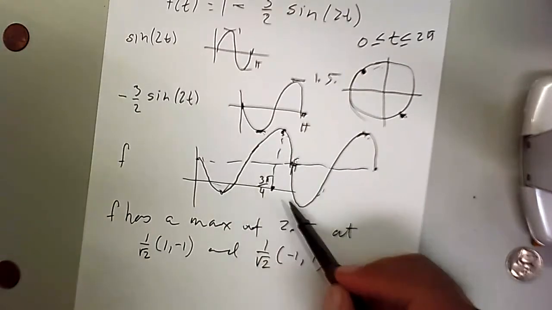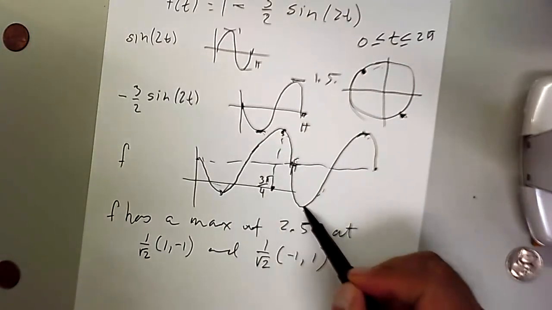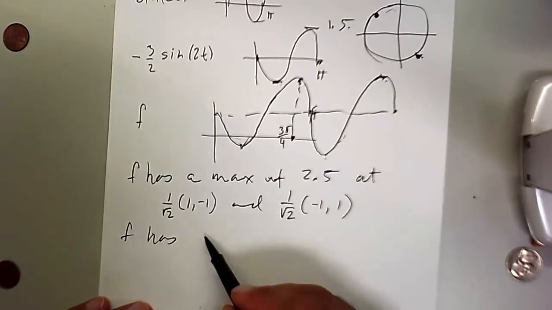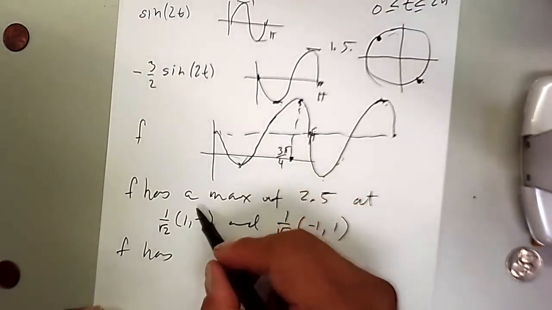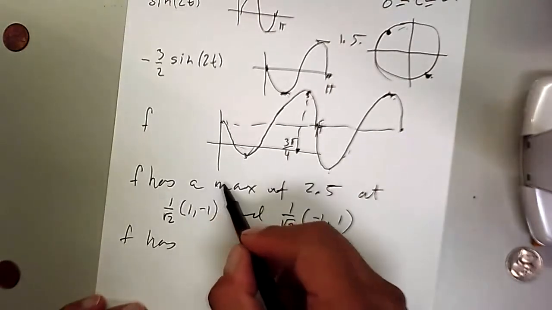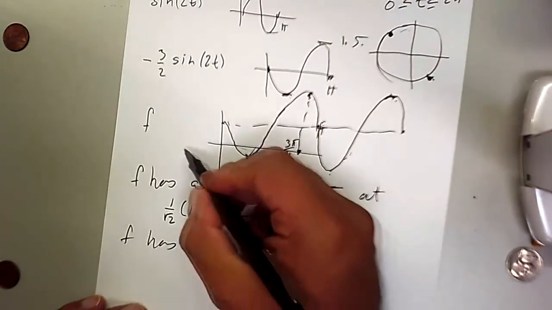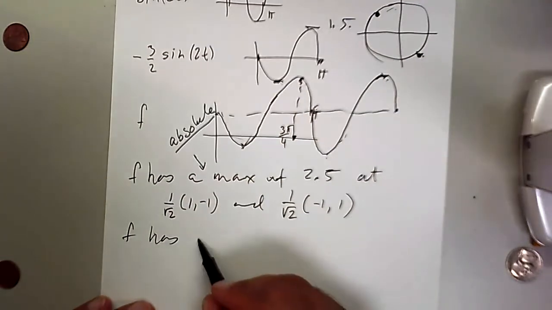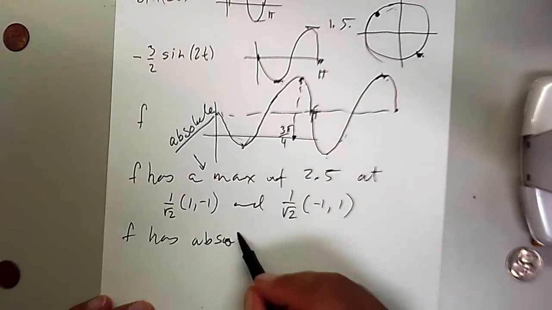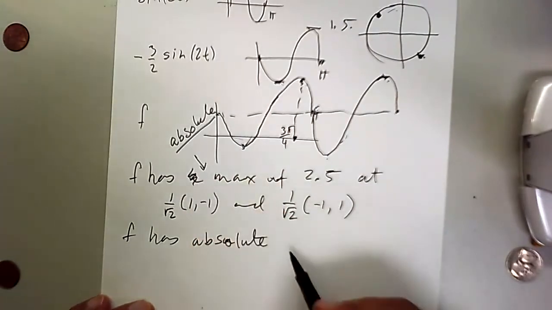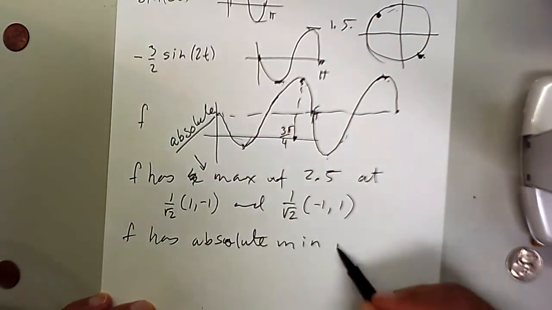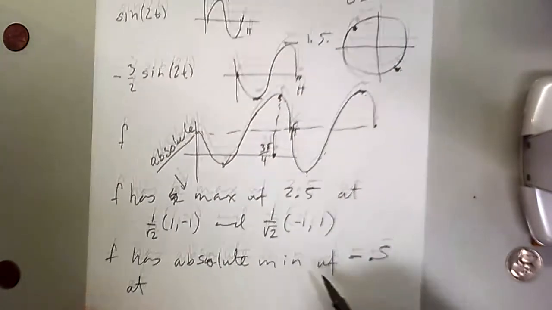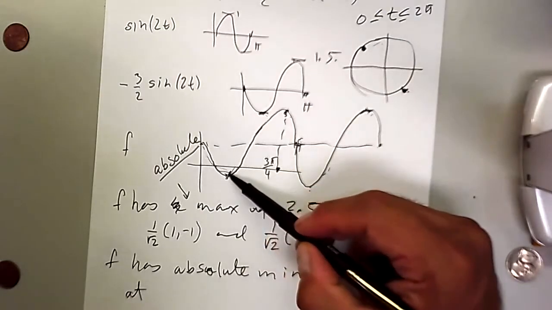The minimum of the function will happen here, and it will be f has, and here I forgot to mention that this is absolute. I'm going to come back to that in a moment. Has absolute, we don't need the a, minimum of -0.5 at, and that will happen here, 1/4.